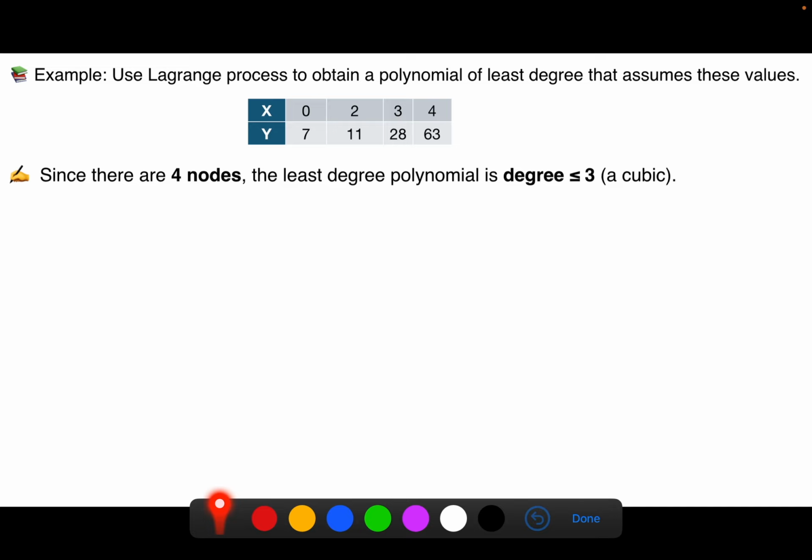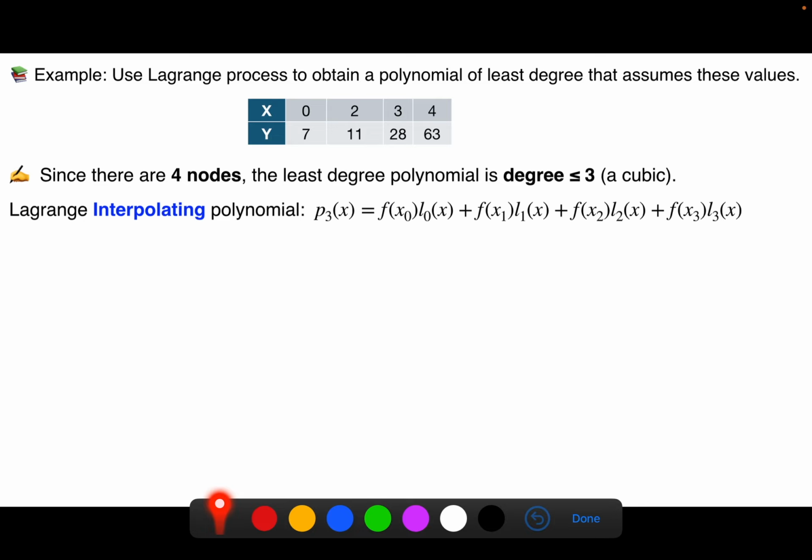Means we expect a cubic polynomial here. Using the formula, the Lagrange interpolating polynomial that we denote by P3(x) is f(x0) L0(x) plus f(x1) L1(x) plus f(x2) L2(x) plus f(x3) L3(x).